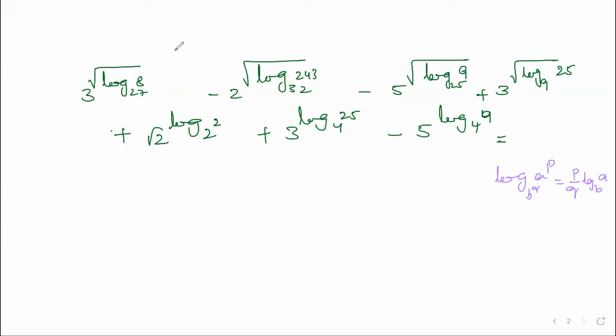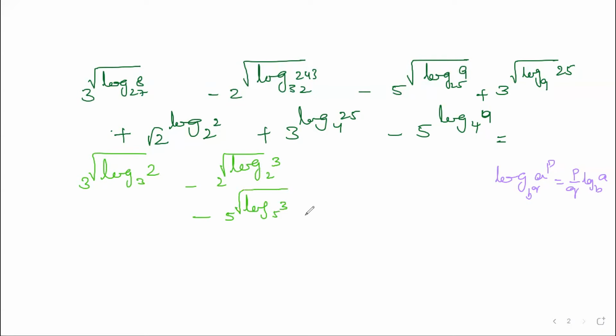When I use this, the first expression changes to 3 raised to log 2 to base 3 under root, minus 2 raised to, because 243 can be written as 3 power 5 and 32 is written as 2 power 5, log 3 to base 2 under root, minus 5 raised to log 3 to base 5 under root, plus 3 raised to log 5 to base 3 under root.